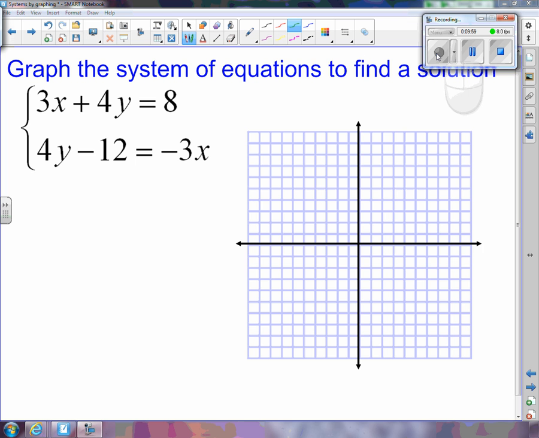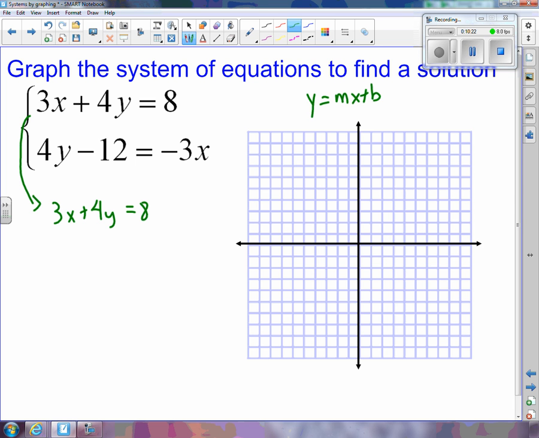So here's another example where I have two equations that are not solved for y. I have to get the y alone before I begin. So let's start with the first one. Here I have 3x plus 4y equals 8. I want to try to get the y alone so that I can obtain the form y equals mx plus b.